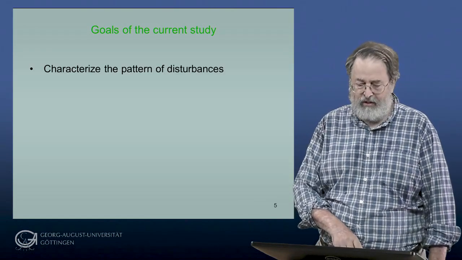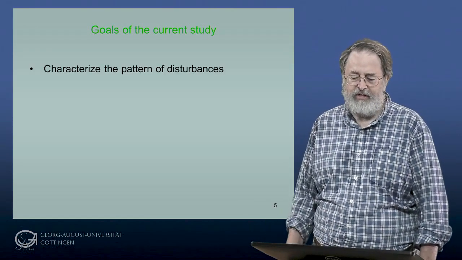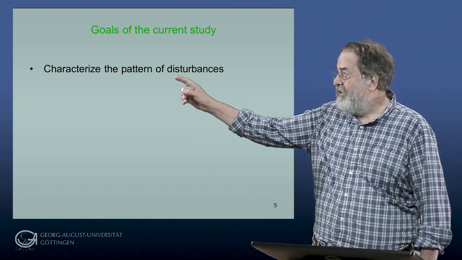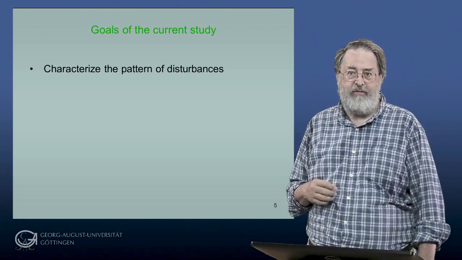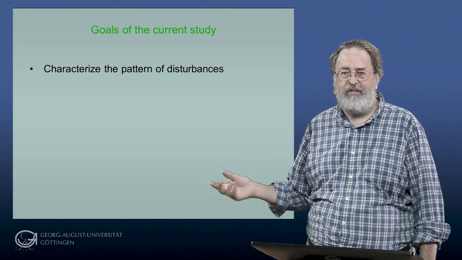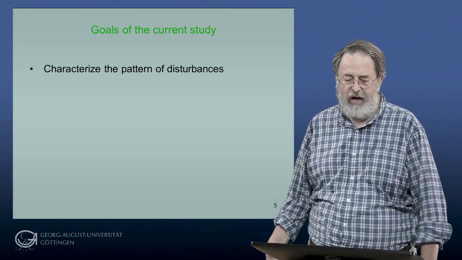So let's take a look at what our main goals were in the study that I'll be discussing in this set of videos. The first one is that we wanted to characterize the pattern of disturbance. This falls directly from the research I talked about in California, where we got interested in characterizing gopher mounds and pattern.